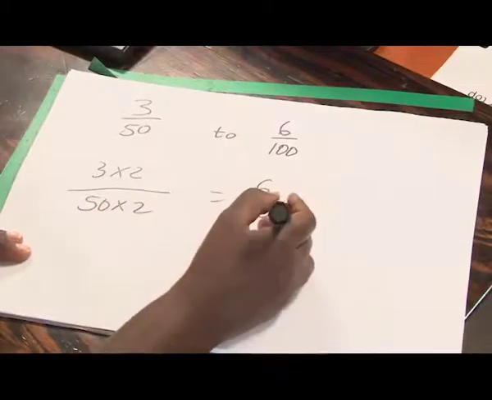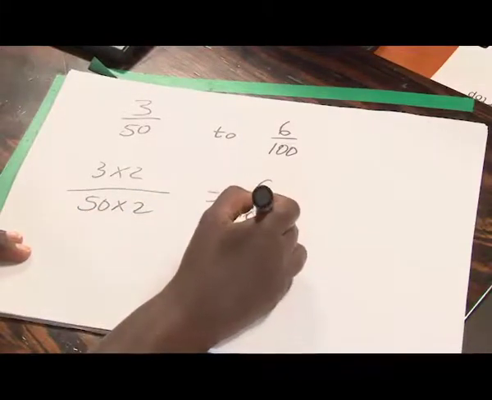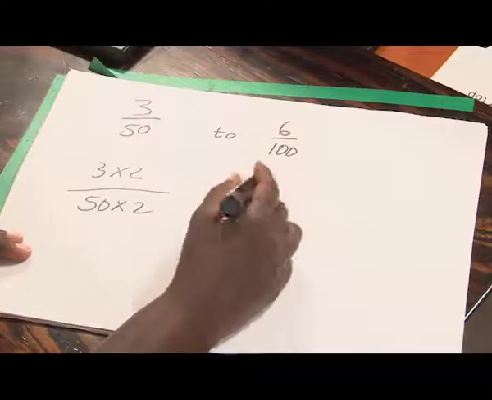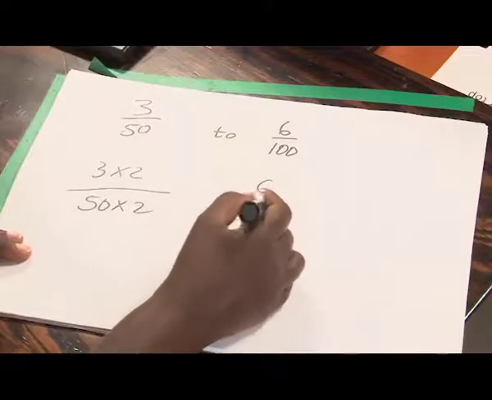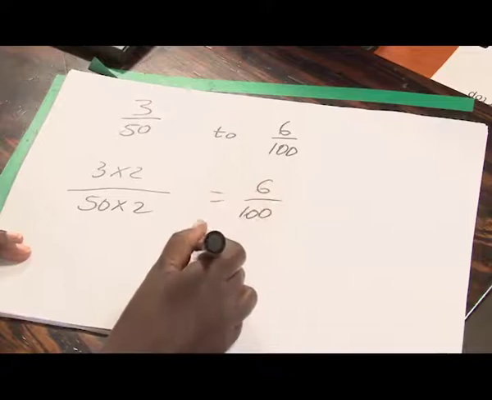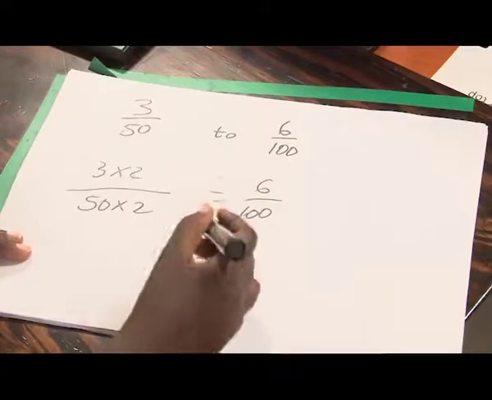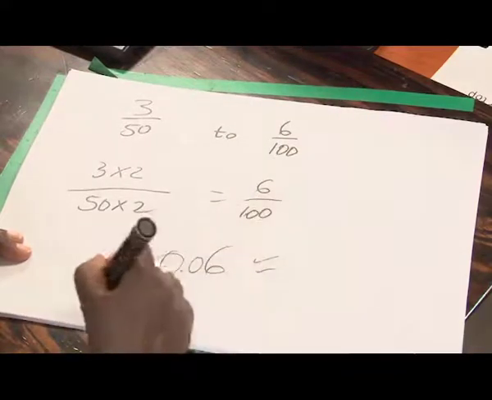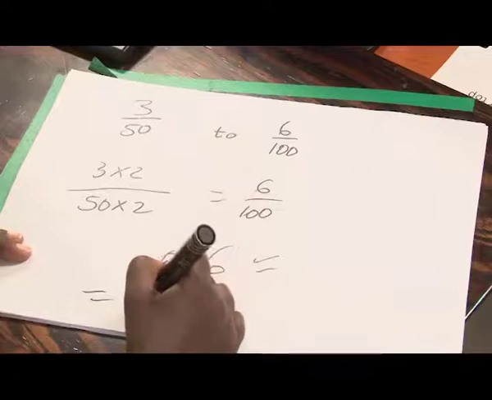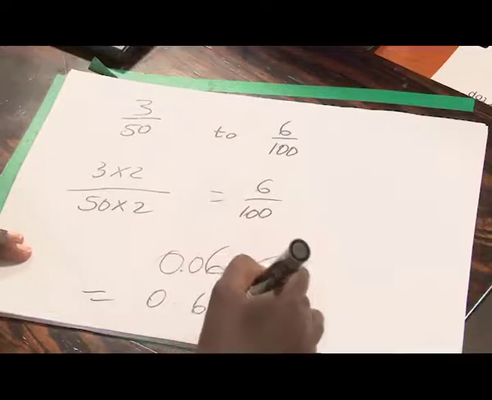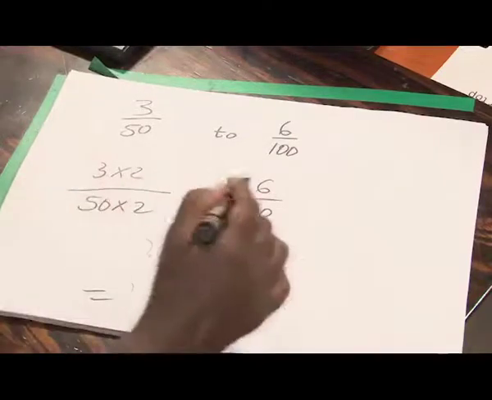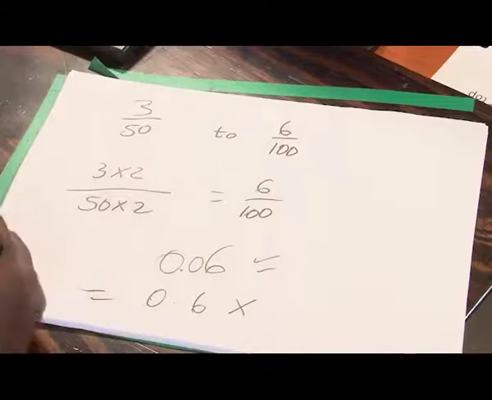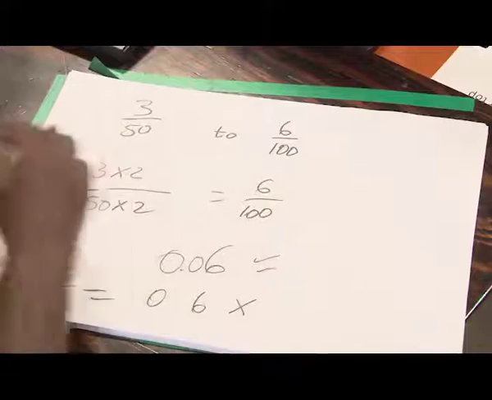To convert this to a decimal fraction, we look at our zeros. Now we have our 6 here. There are 2 zeros, so this is 0 and another 0. This is the correct answer, but you will find people giving the answer as 0.6, which is wrong, because then they are leaving out the other 0. They are treating it as a tenth instead of a hundredth.